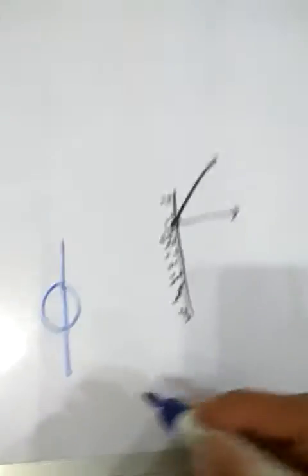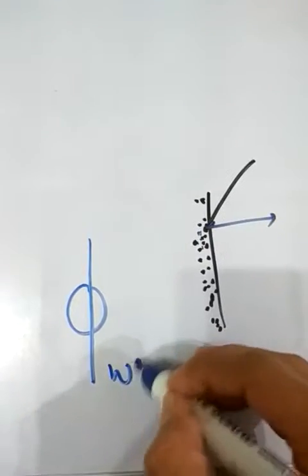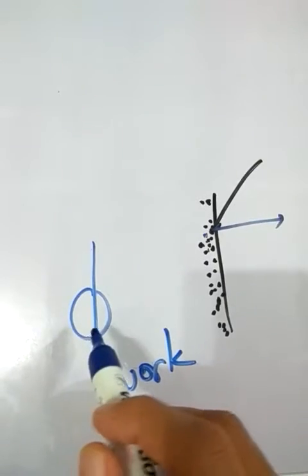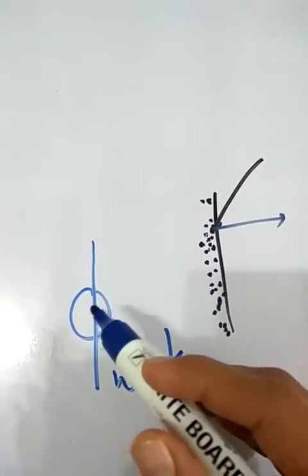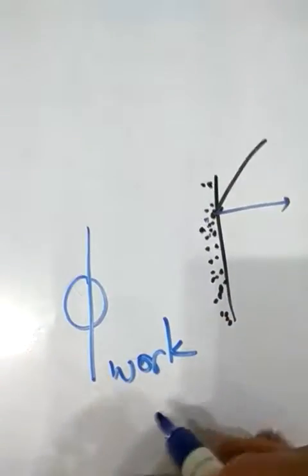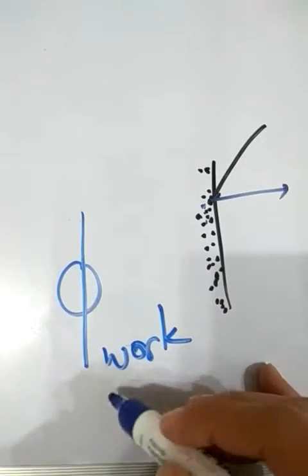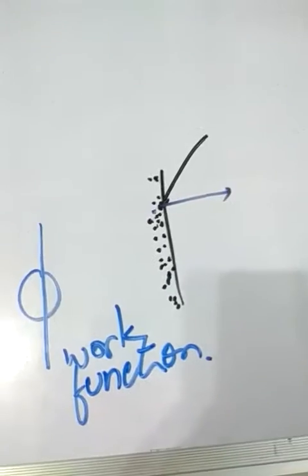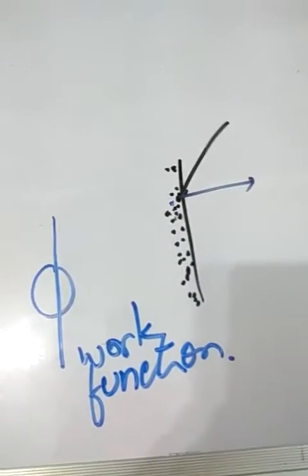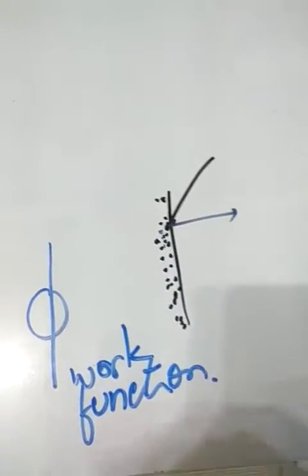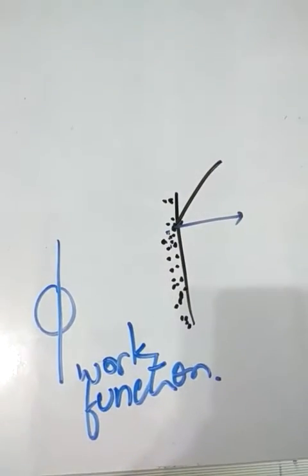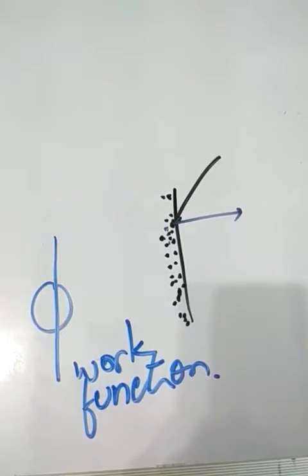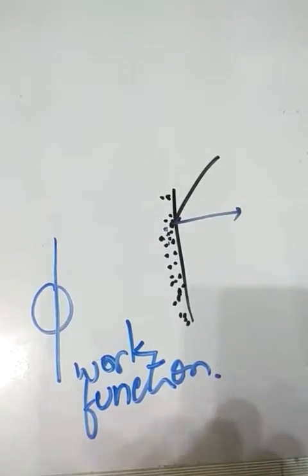This symbol is called phi, and it's called work function. This symbol appears differently in different subjects and chapters. So the work function, the minimum energy which must be supplied by the incident light so that the electron escapes, is the work function.